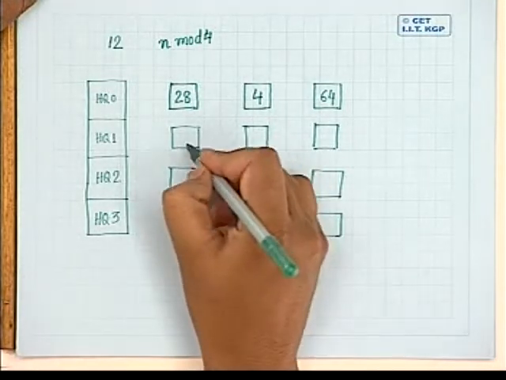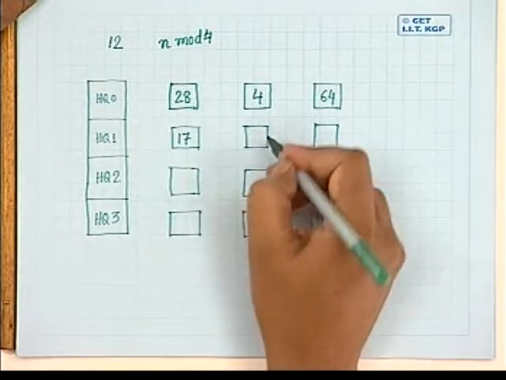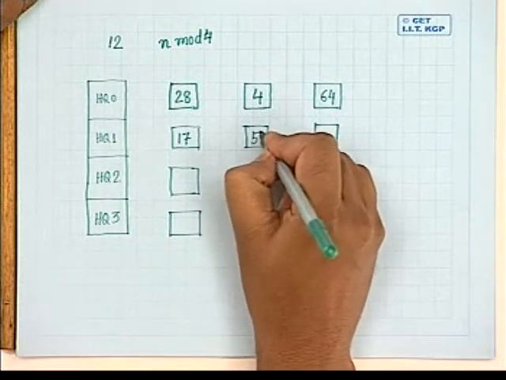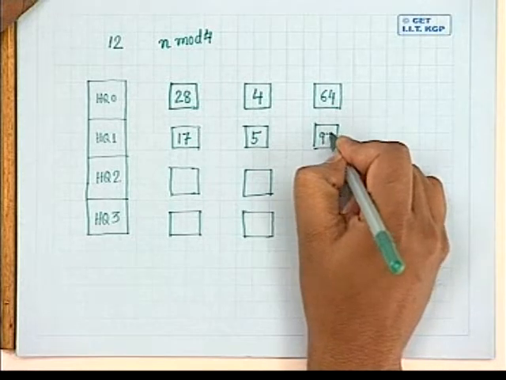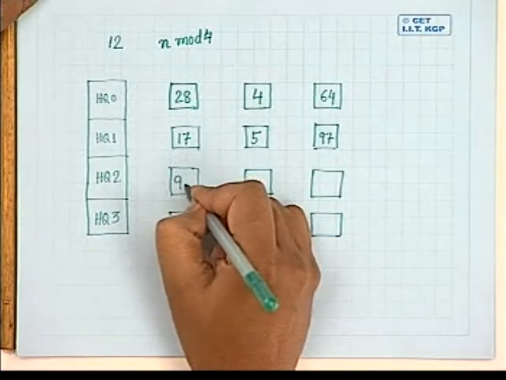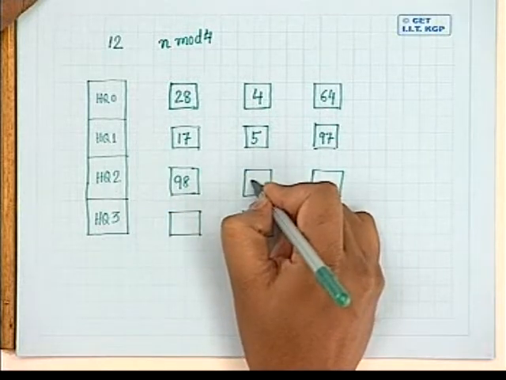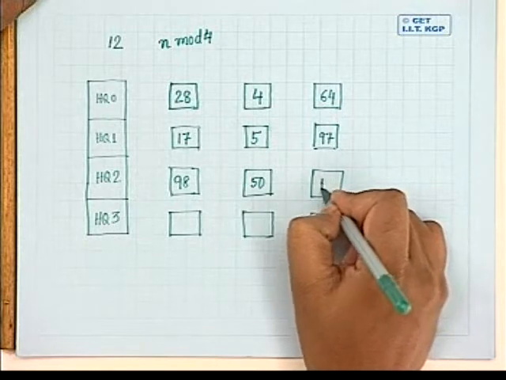Right? Similarly, a buffer containing say block number 17 will be present in hash queue 1. A buffer containing say block number 5 will also be present in hash queue 1. A buffer containing say block number 97 will also be present in hash queue 1. So this way I can put different block numbers like this.